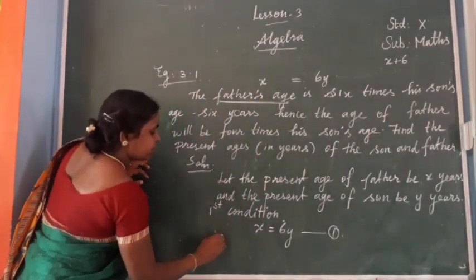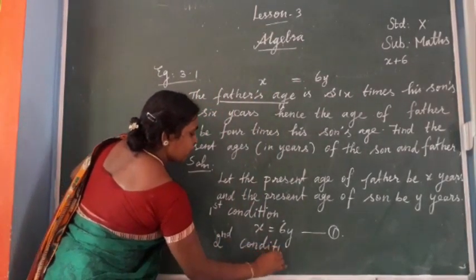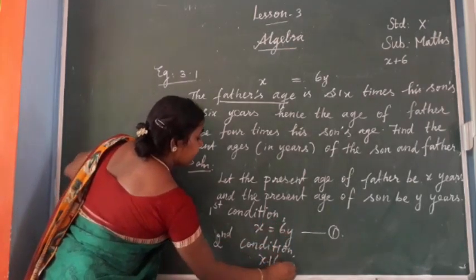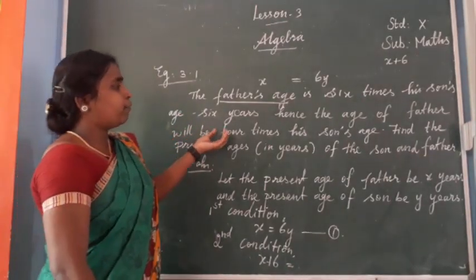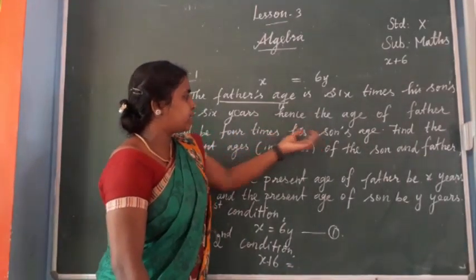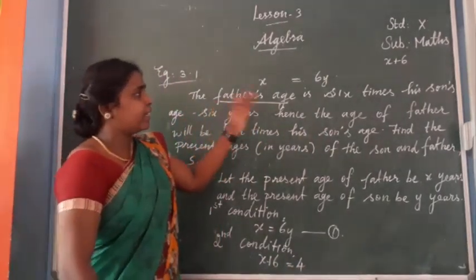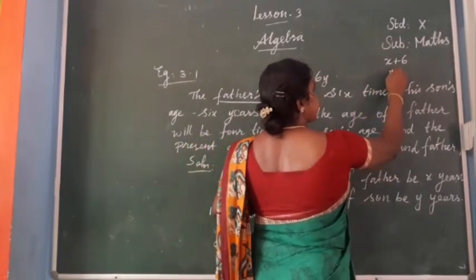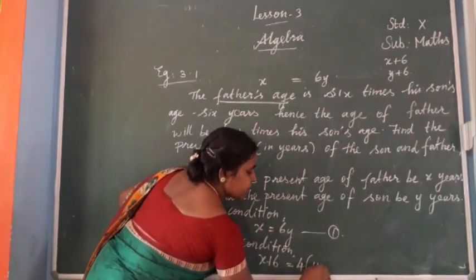So the second condition is x plus 6 equal to 4 times his son's age. After 6 years the son's age also adds 6, so y plus 6. So 4 into y plus 6.